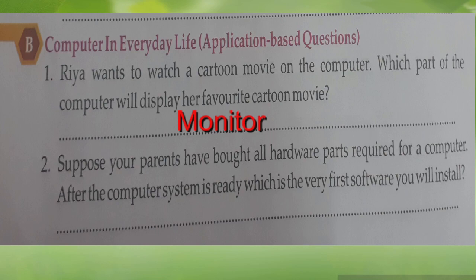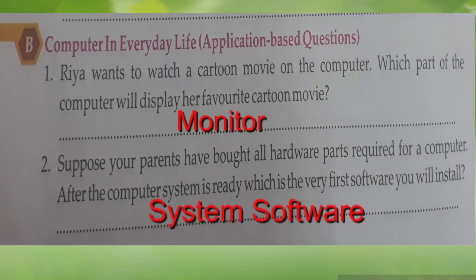If these 4 parts are present in a computer, then also we have to give something extra. That means we have to give some instruction to the computer, then only it will work properly. Which is the first software that is essential for a computer to work? It is system software. So system software is the first software we have to install.